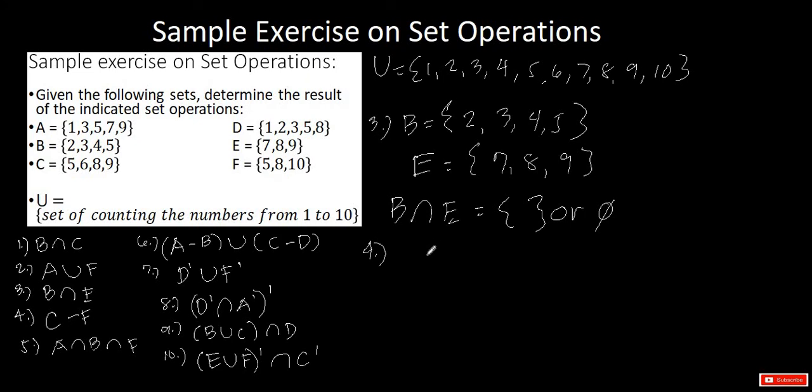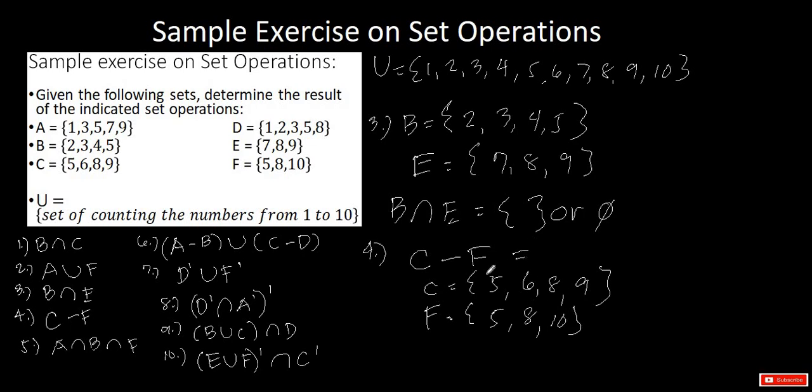Let's move to number 4. The problem is C minus F. Okay, so we have set C containing the elements 5, 6, 8, and 9. And we have set F containing the elements 5, 8, and 10.